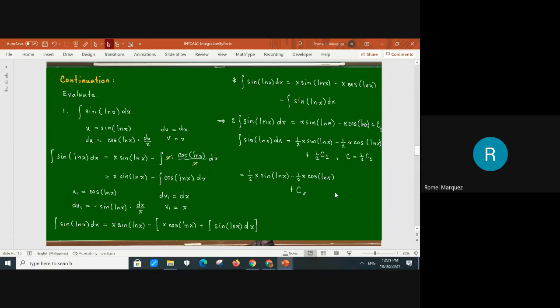So since it is 1/2 c sub 1, you can simply write it as c. But actually, it's not wrong. 1/2 c sub 1 is still accepted. But since I want to write it in the simplest form, I'm going to let it be c.